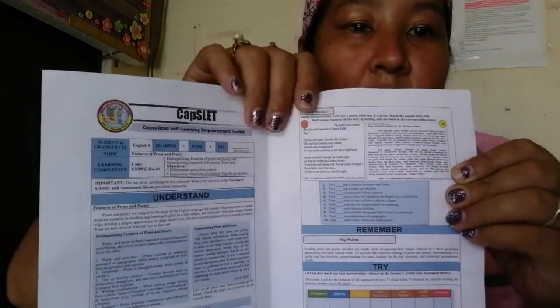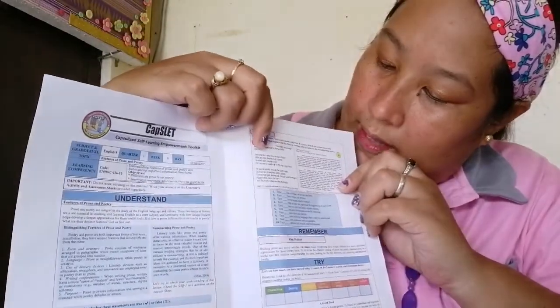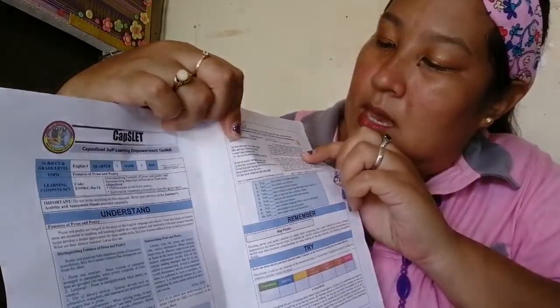So that's here. This is The Battle with Grendel, and this one is The Day of Destiny. So this is A and this is B. So for this 1 up to 10 items here, if your answer for number 1 is B, you write letter B. If your answer is A, you write letter A. Okay?